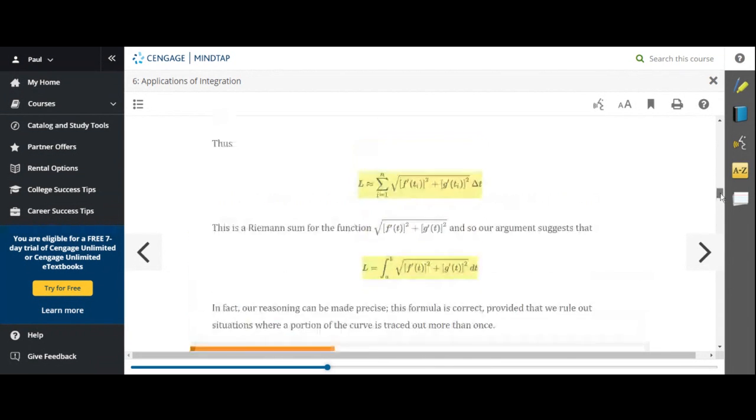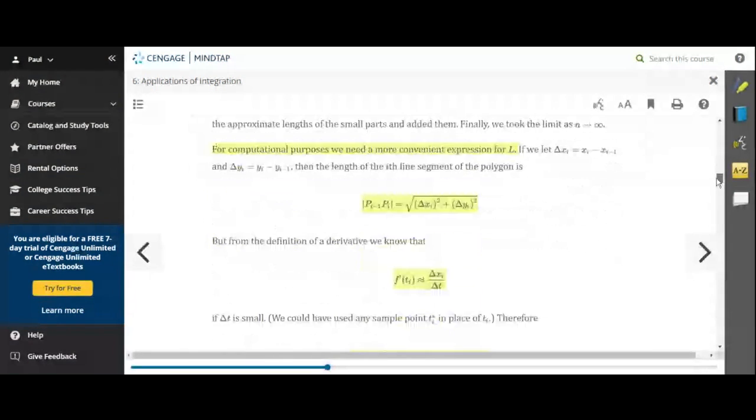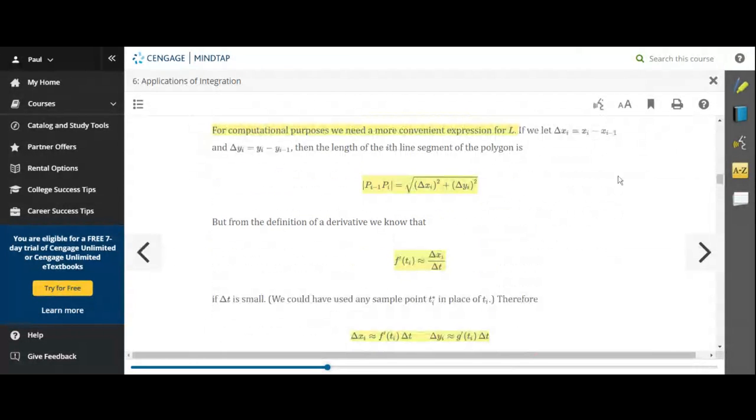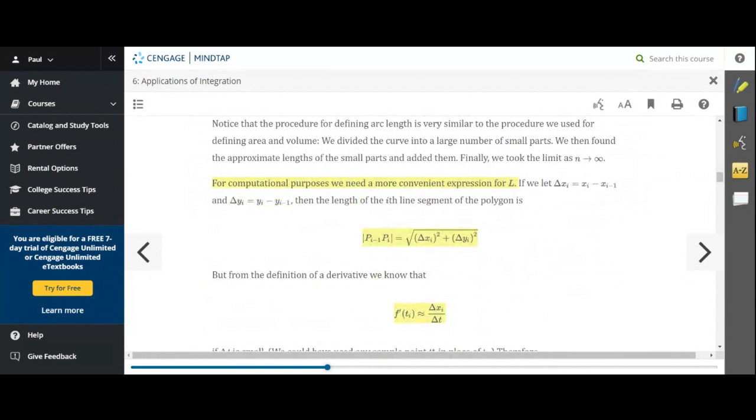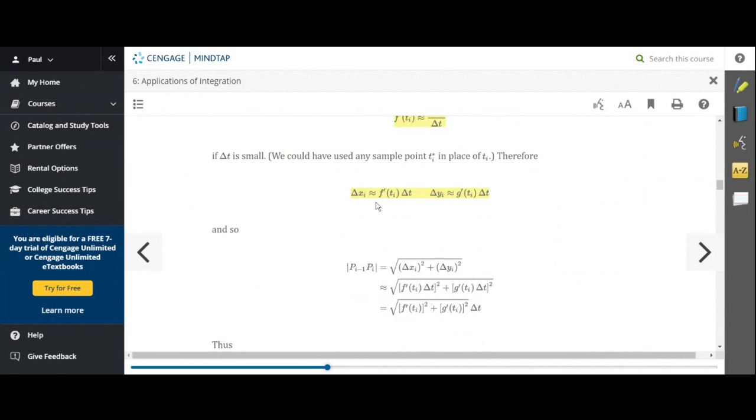Okay, so like I said, in this formula for the length between two points, we replace delta x and delta y by f prime of t delta t and g prime of t delta t.